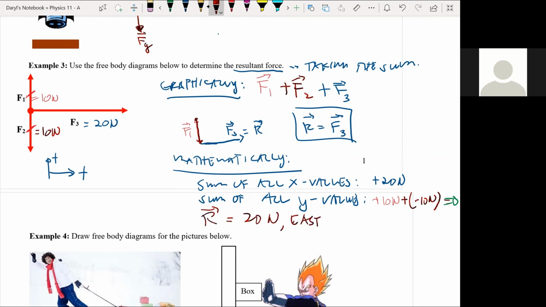Remember that I cannot add 20 to 10 and 10, because those are on a different component, the y component.